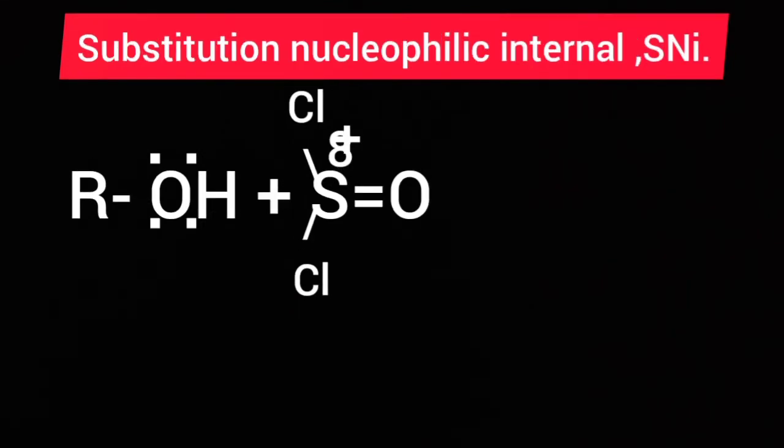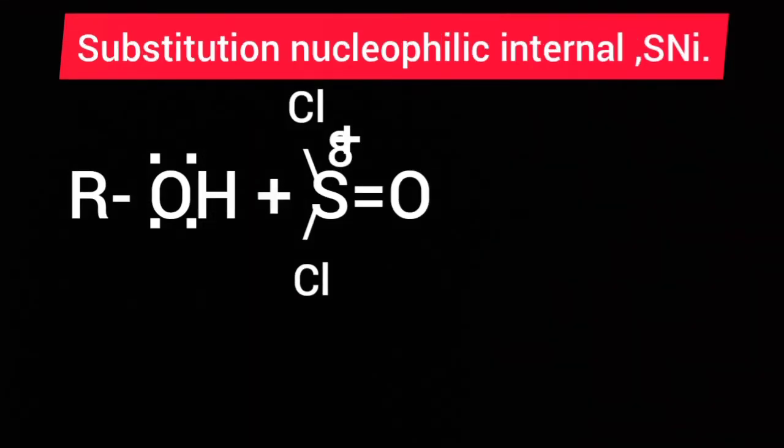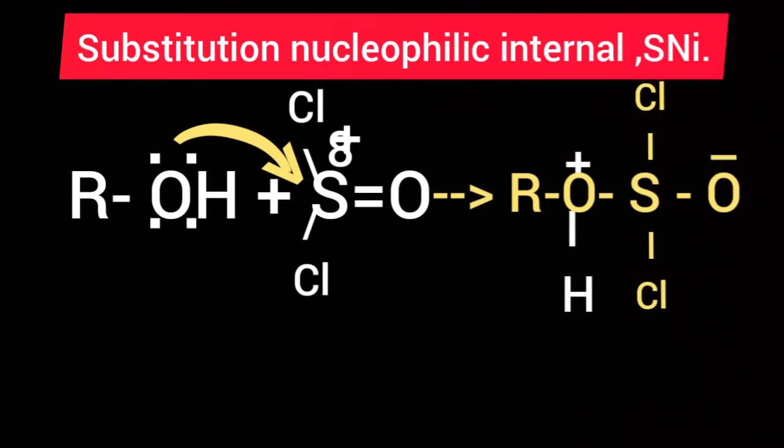So between alcohol and thionyl chloride, the lone pair on alcohol attacks the electron deficient center of thionyl chloride, that is the sulfur atom. So a bond is formed. Here oxygen gives a pair of electrons to form a bond and gains a positive charge.